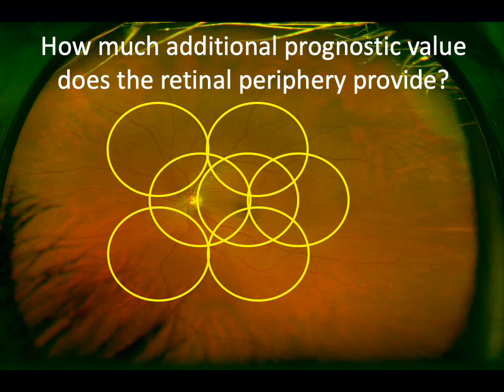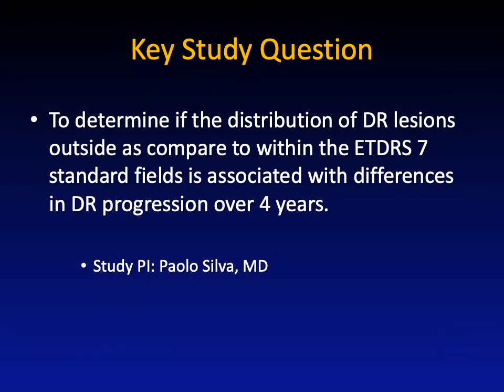And the other question was, okay, so does it affect prognosis? We know from the ETDRS study the progression rates for mild, we know the progression rates for moderate and severe. Do they change when we add predominantly peripheral lesions to the picture? And another key study that was conducted at the Beetham Eye Institute wanted to answer that specific question.